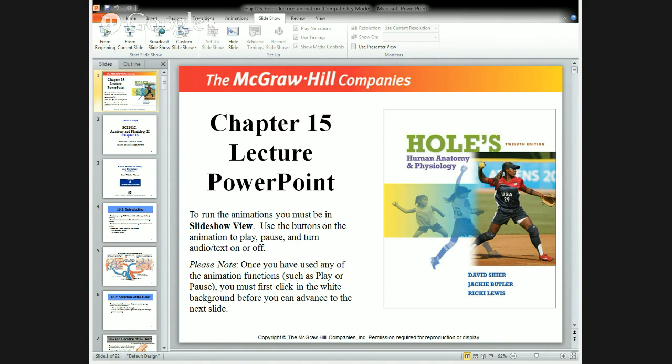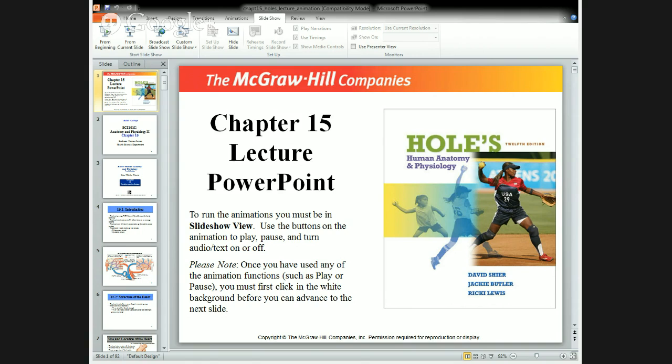A weakly beating heart increases central venous pressure. Increase in central venous pressure causes blood to back up into peripheral veins. This can lead to peripheral edema. And there's clinical application 15.6 on exercise in the cardiovascular system.